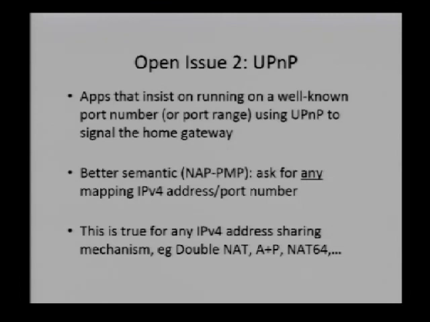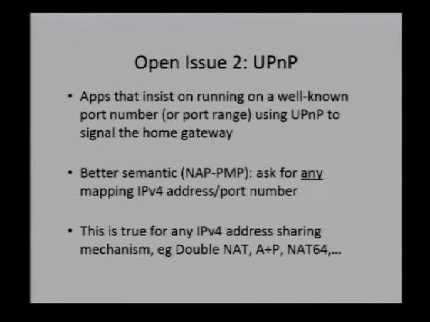So please give me any binding, external IP address, external port number, that I can use, and I can tell my peers that this is what I am using. As long as this binding is guaranteed to stay long enough, then I'm fine. So this seems to be a much better semantic to drive applications to. And this problem of dynamic port binding is the same for any mechanism that shares IPv4 addresses.